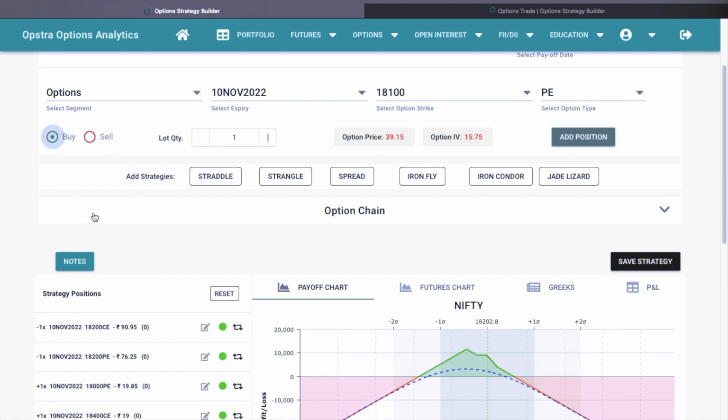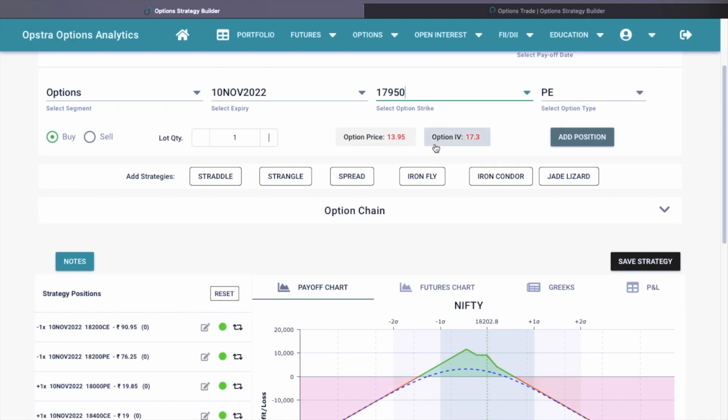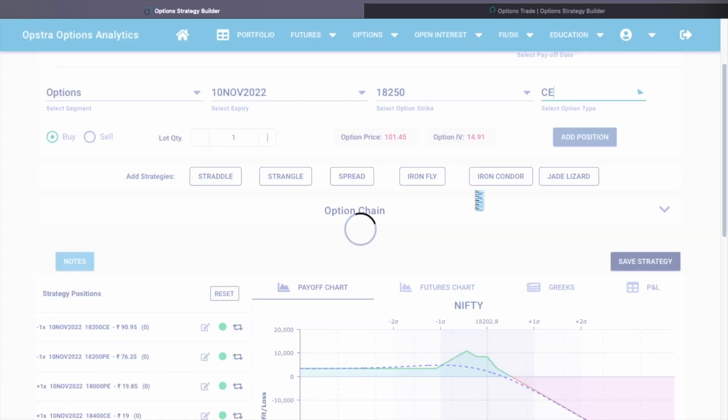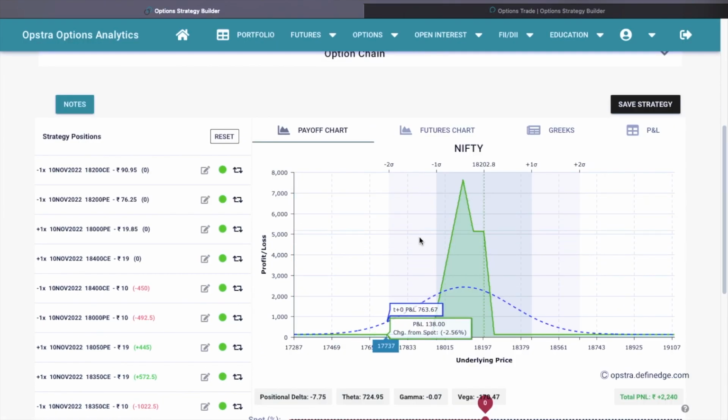So I will be buying 18,000, sorry, 17,950 PE hedge and 18,250 CE. Okay. So this is coming like this.